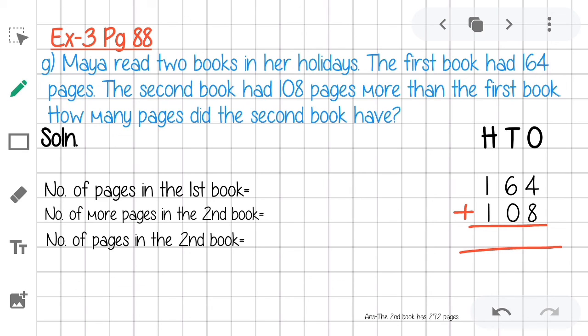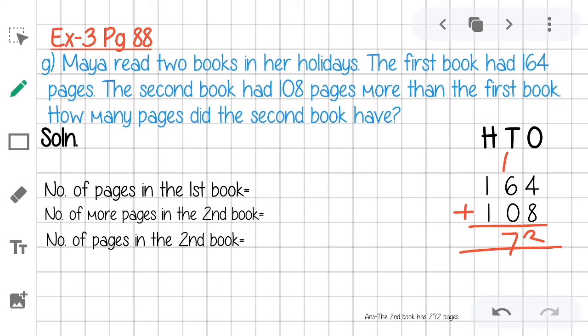Adding the ones place, we will get 4 plus 8 will give us 12. So we will write 2 in ones place and 1 will go as carry over in tens place. Now adding the tens place digits, 1 plus 6 will give us 7 and 7 plus 0 will give us 7.